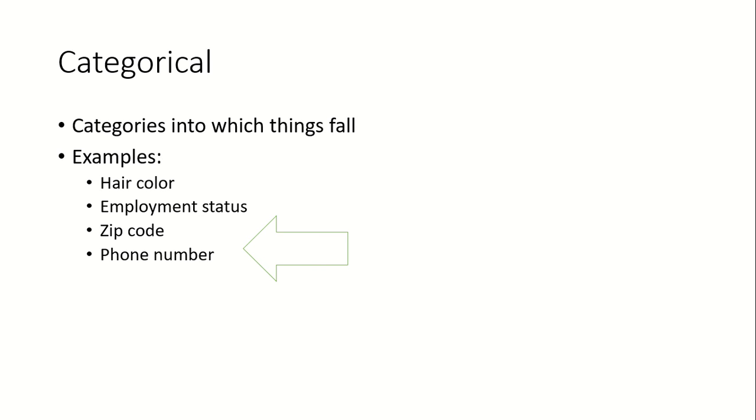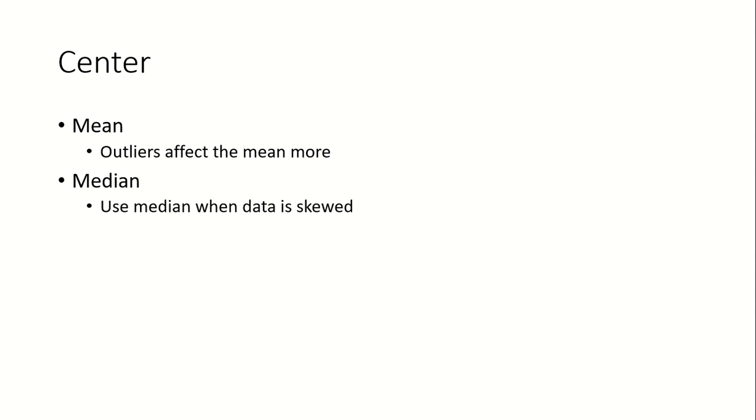For example, you wouldn't take the mean zip code or the mean phone number. That wouldn't mean anything. However, if we sorted the review session by zip code, we could figure out who lived in certain areas. But if we just averaged it and found the range, that would be essentially meaningless. Same with phone number.